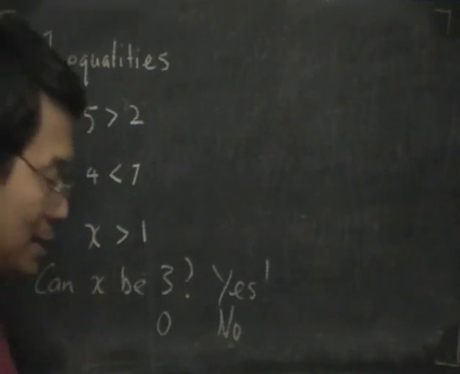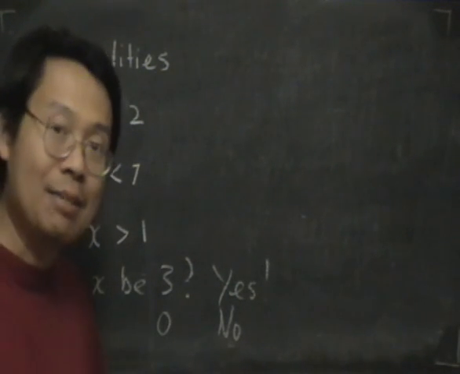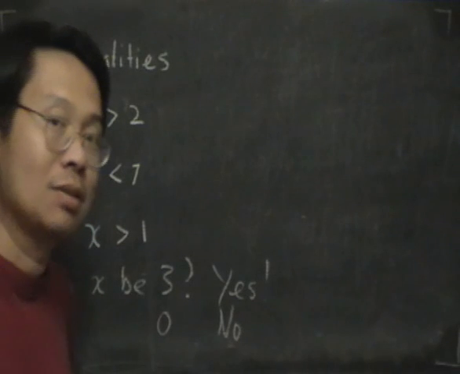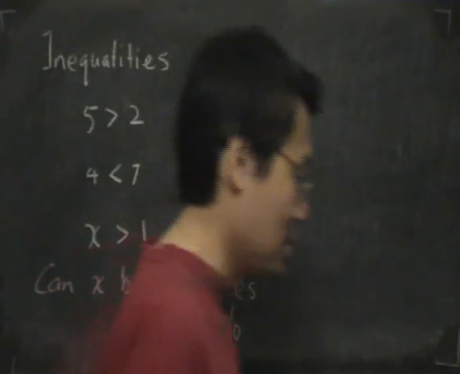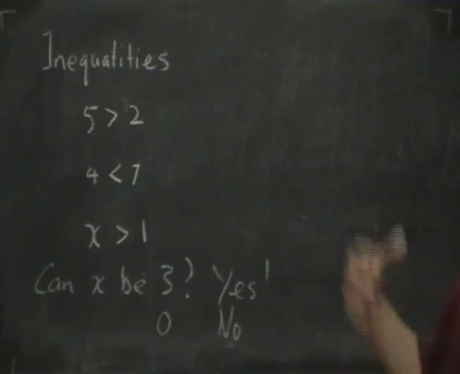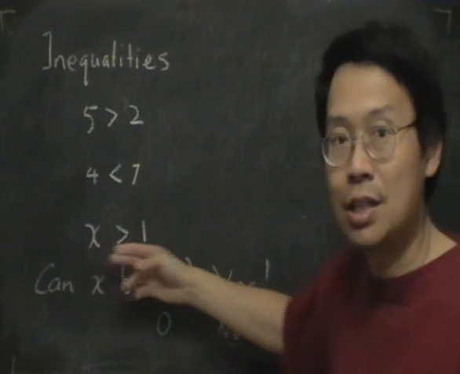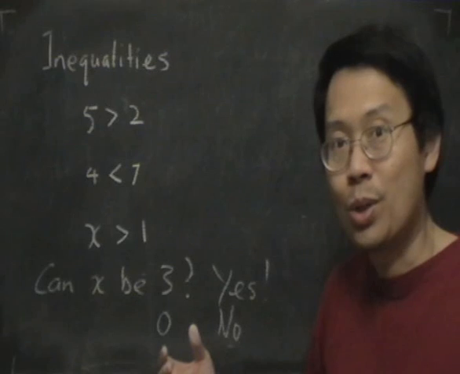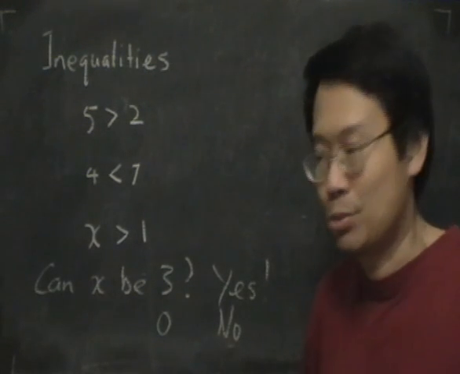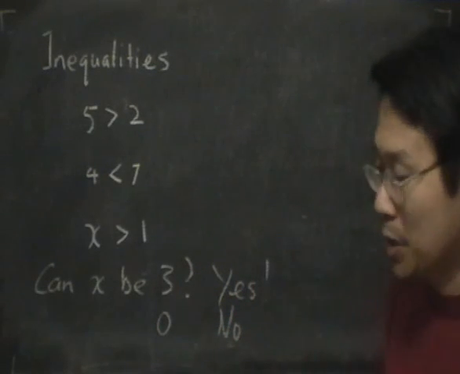And in fact, since x is just a number that's bigger than 1, any number that's bigger than 1 can be x. So that means that if we are thinking of finding some kind of an answer to this inequality, if we want to try and find out what number x can really be, there can really be many possible answers.